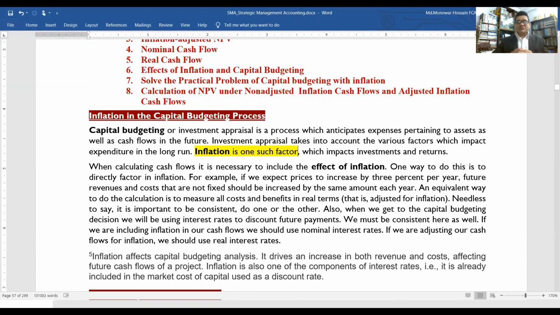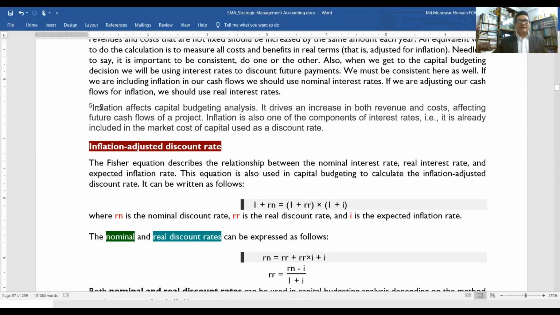When calculating cash flow, it is necessary to include the effect of inflation. So inflation affects capital budgeting analysis.